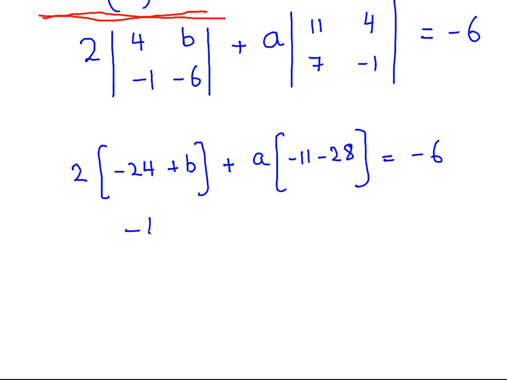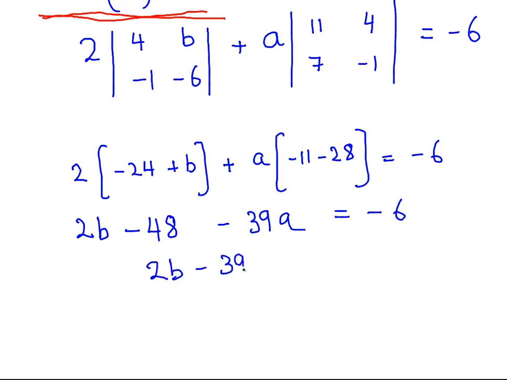Solving it out, minus 48. Or actually, I'll put 2b here: 2b minus 48 minus 39a is equal to minus 6. We could bring the minus 48 across to the other side: 2b minus 39a equals 42. That's as much as we're going to get out of this.